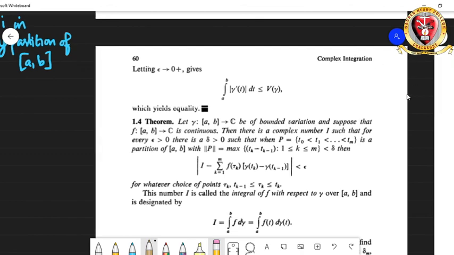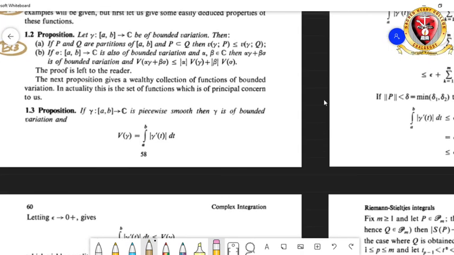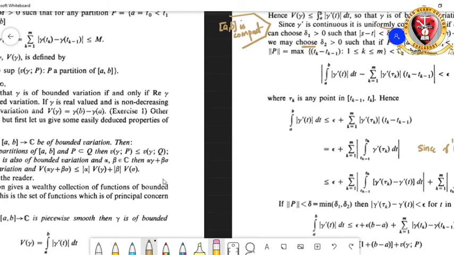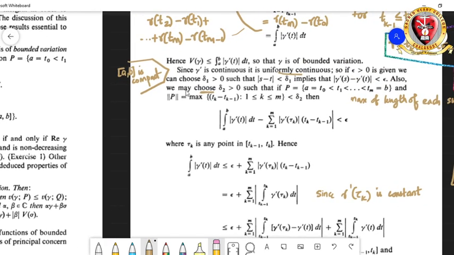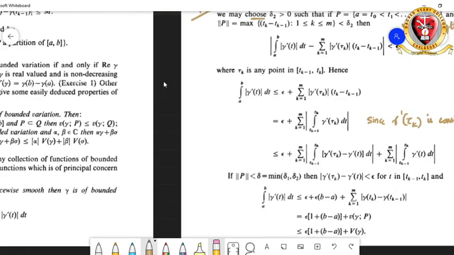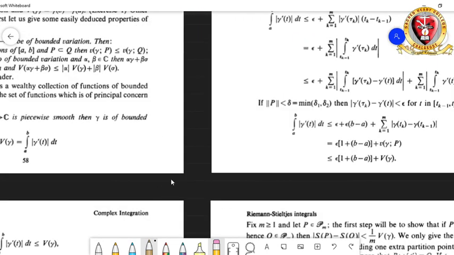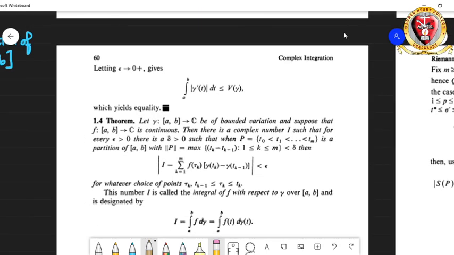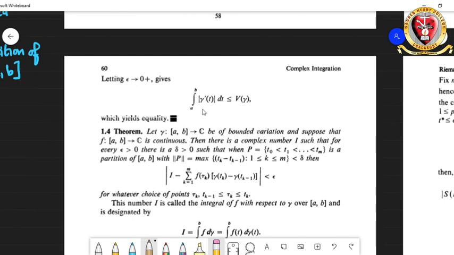So earlier we said that from the earlier section we got v of gamma is less than or equal to the integral from a to b of modulus of gamma dash of t dt. Now what we obtained is that the integral from a to b of modulus of gamma dash of t dt is less than or equal to v of gamma.